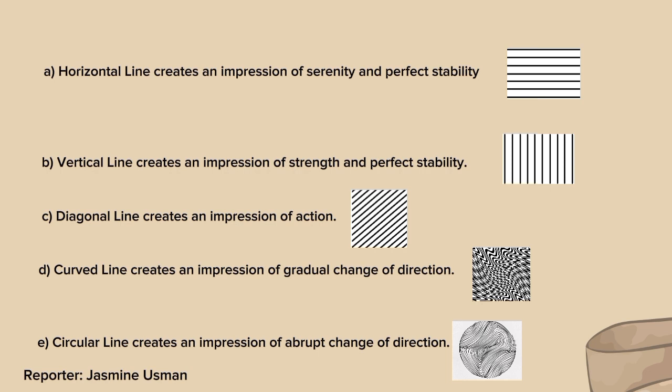In nature, curves are prevalent in organic forms such as rivers, clouds, and human bodies. In art and design, curved lines can convey a sense of fluidity, softness, and elegance. They are often used to depict natural shapes and create a sense of movement or rhythm within a composition.